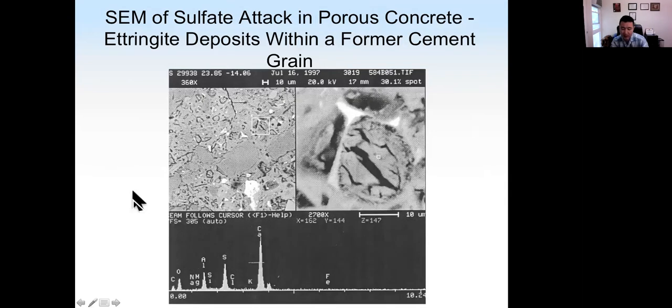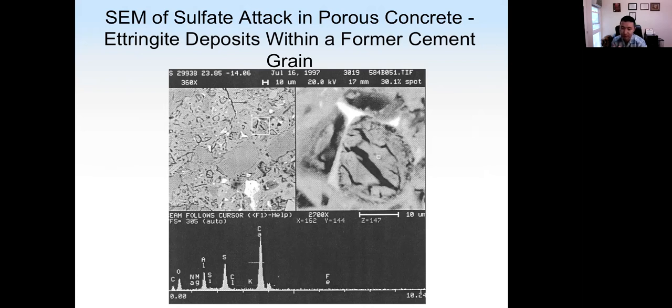Here is, again, ettringite deposited within a former cement grain. Okay. Remember when we talk about hydration of cement paste, we have a different type of CSH. So one of them is called Hadley grain. In the Hadley grain, the original cement grain is hollowed out because of the dissolve, diffuse, and precipitate, right?